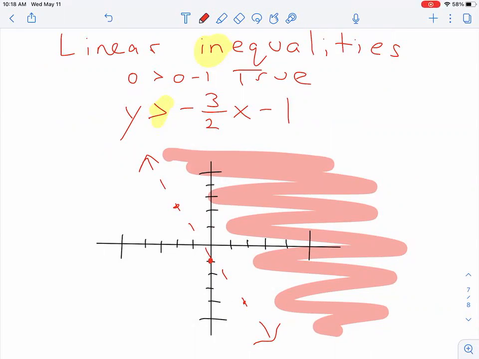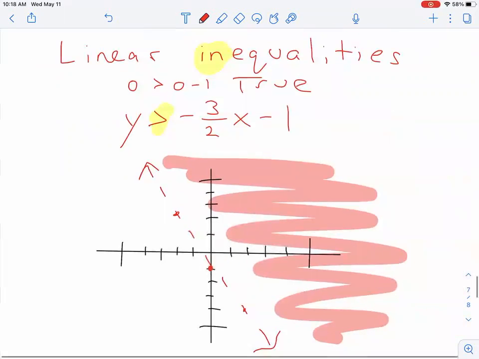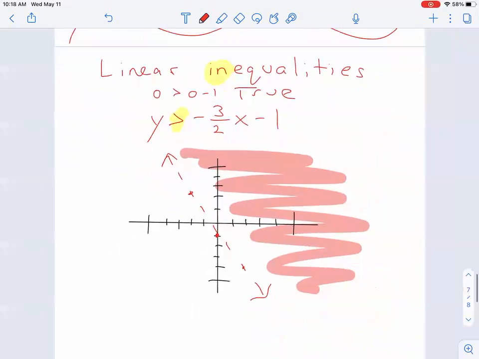And if that one point makes this true, that means you shade that point, meaning that side of the inequality. If this came out to be a false statement, then I would be shading the other side of the line. Okay, good question. Anything else?